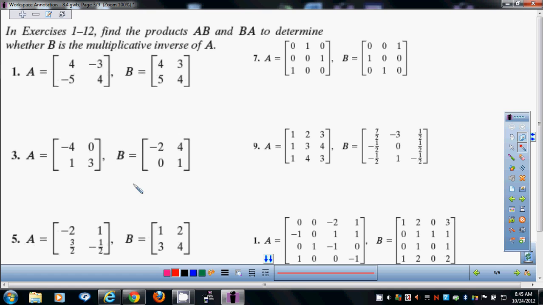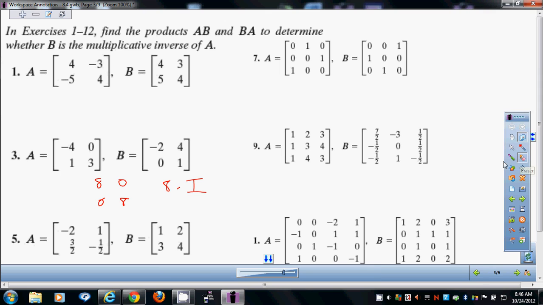Let's look at number 3. A times B, positive 8 plus 0. I can stop right now, can't I? Is there an 8 anywhere in the identity matrix? No. Now, someone asked me, well, what if you got this? Could you then just divide out by 8? Well, yes, but then it's not really the same. It's now 8 times the identity, and that's not the same thing.